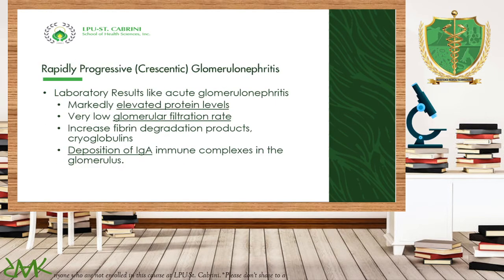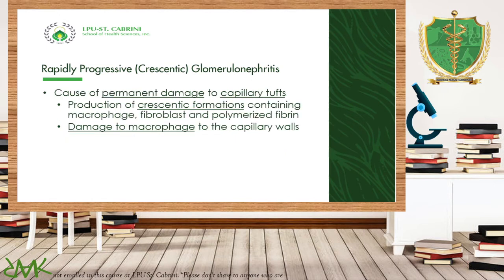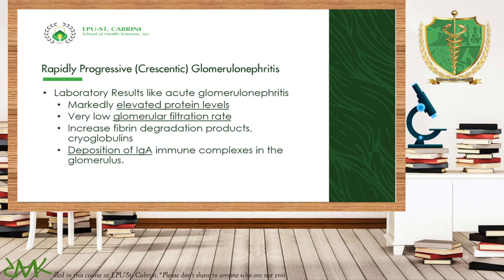Now, I want you to remember the laboratory results associated with rapidly progressive crescentic glomerulonephritis. Of course, there will be elevated protein levels. That is true with our renal failure.